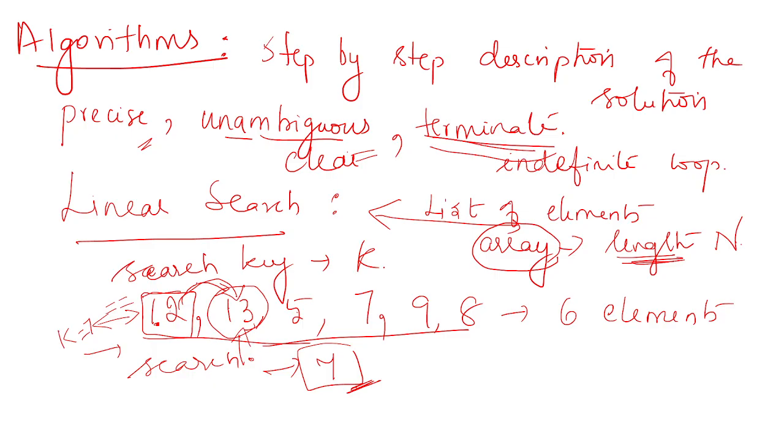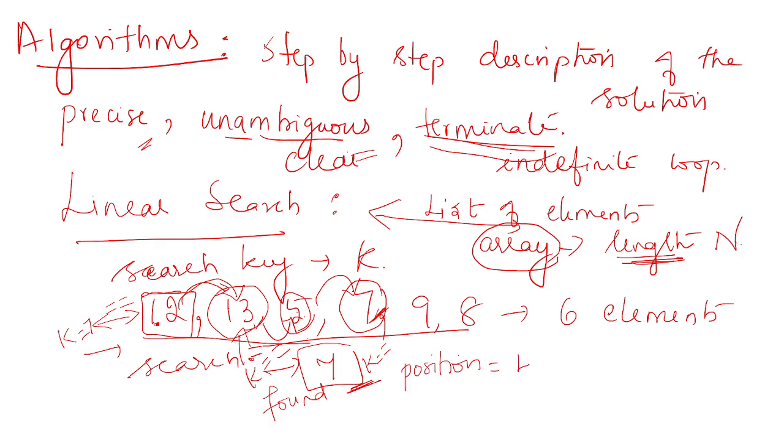In our case, it is again not equal, so it will move on to the next element. Now it will come to the third position, and again the search key will be compared with the third element. If they are equal, we say the element is found. If they are not equal, we move to the next element. When it comes to the fourth position, the key value is exactly equal to the element at position number 4, and we have to return the position also.